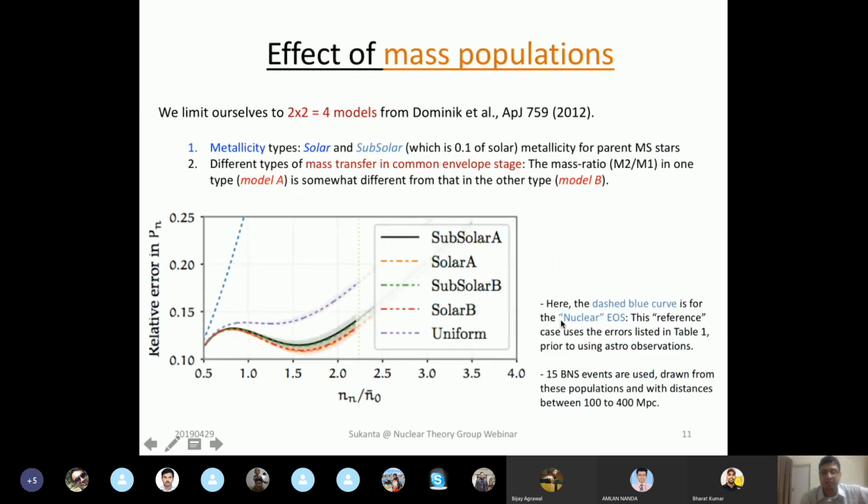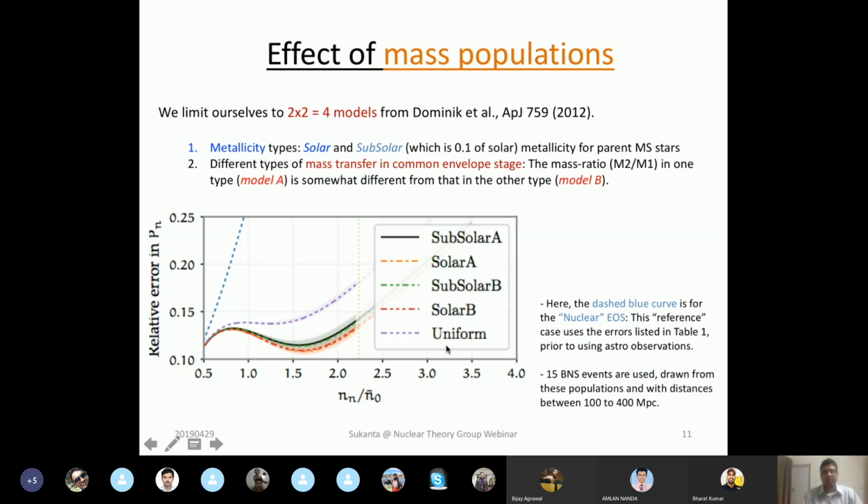What we do is start with TOV stars drawn from these various populations. Black is subsolar Model A, orange is solar metallicity Model A, green is subsolar metallicity but Model B for mass transfer, and solar metallicity with submodel B is in red.